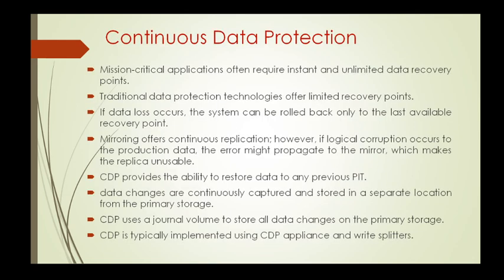CDP uses a journal volume to store all the data changes on the primary storage. The journal volume contains all the data that has changed from the time the replication session started. The amount of space configured for the journal determines how far back the recovery points can go.